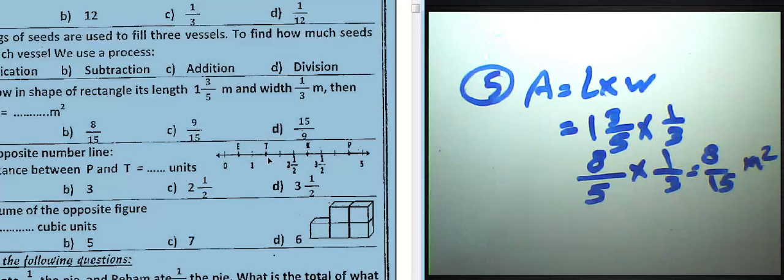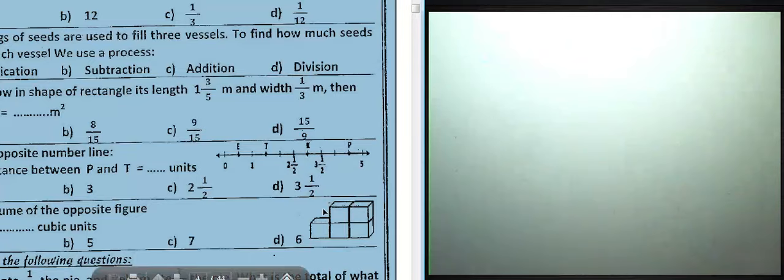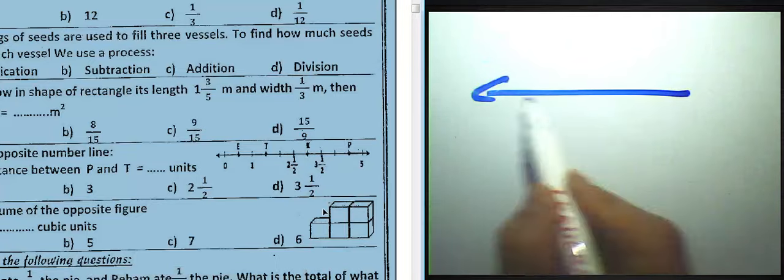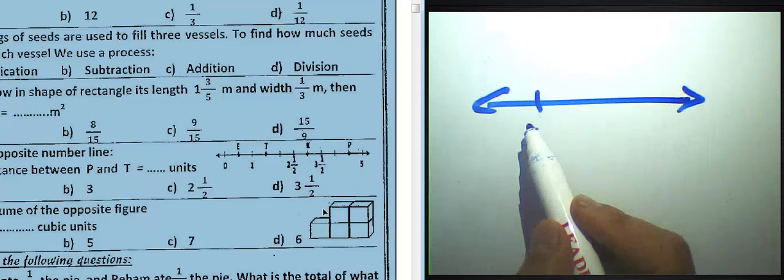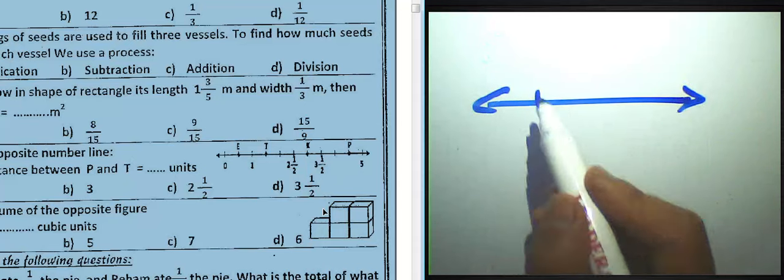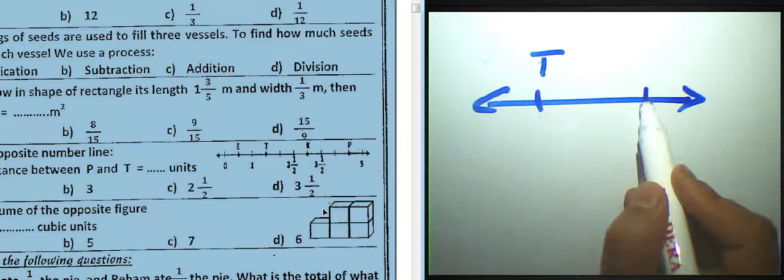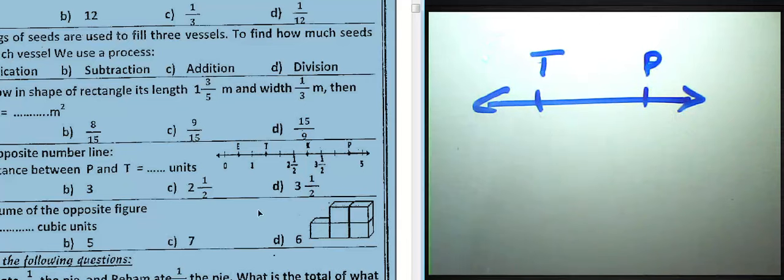This part here is half. 1 and a half, 2, 2 and a half, 3, 3 and a half, 4, 4 and a half. Look with me again. I will draw a straight line and put the point T and this point P. T here is 1 and a half. And P here equals what? Count with me. 3 and a half, 4, 4 and a half.